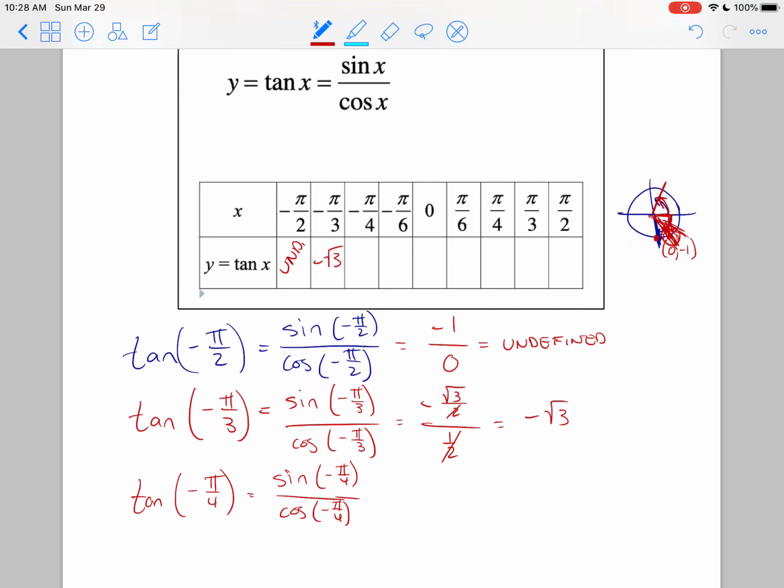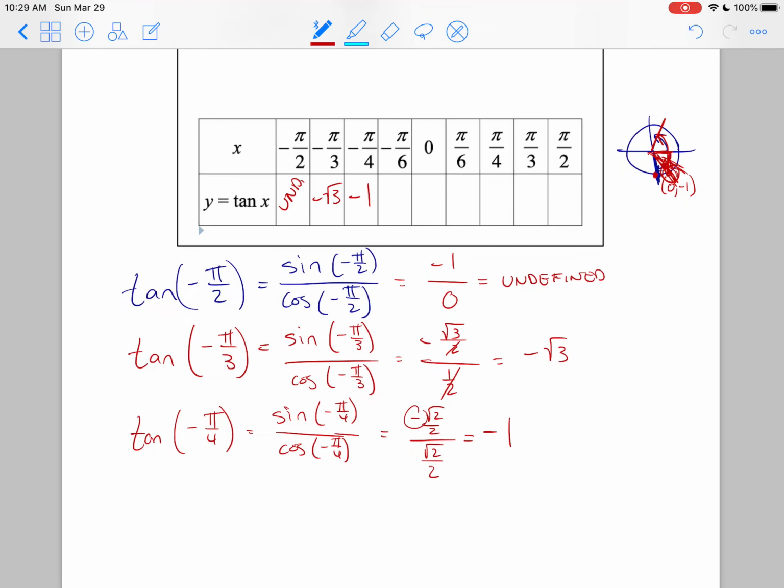And so my sine is going to be negative because I'm in the fourth quadrant. So that's negative root 2 over 2. And then I have root 2 over 2. And anything divided by itself is 1. So this comes out with the negative sign. It comes out to negative 1. So tangent is negative 1 at that value.